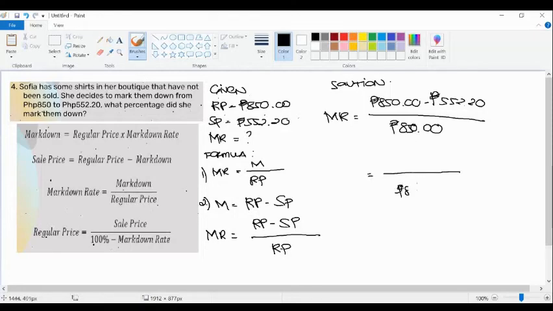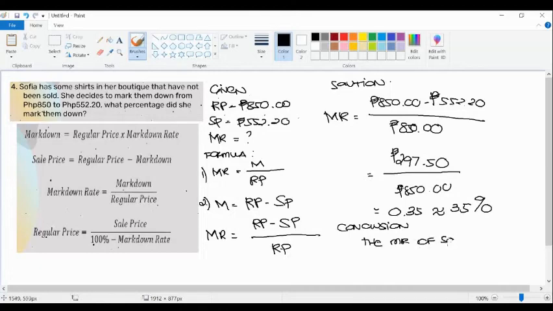So 850 pesos minus 552 and 20 cents is equal to 297 and 50 cents. 297 and 50 cents divided by 850 pesos is equal to 0.35. That is equivalent to 35%.